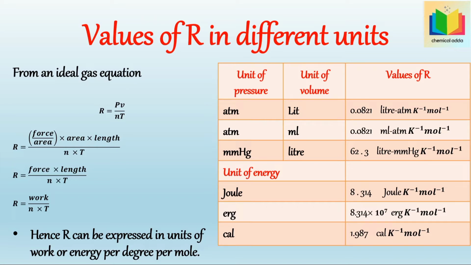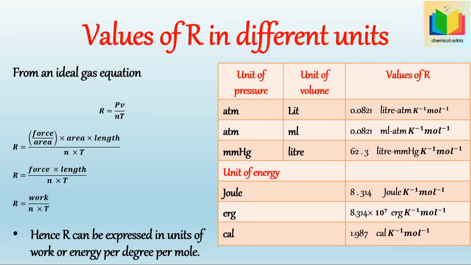Now, if the unit of pressure is mmHg and unit of volume is liters, then the value of R is equal to 62.3 liters mmHg Kelvin inverse mole inverse. If we consider the unit of energy as joules, then the value of R is equal to 8.314 joules Kelvin inverse mole inverse.